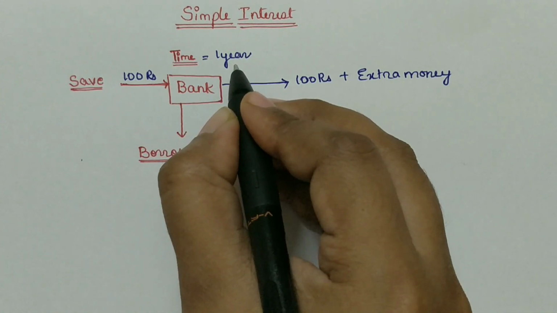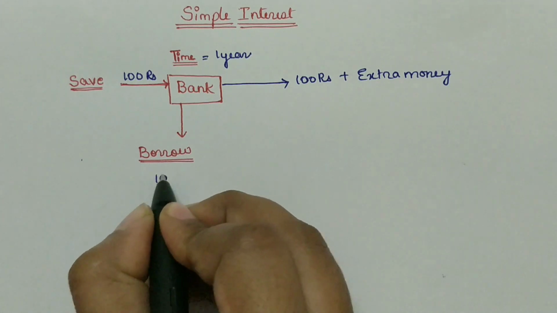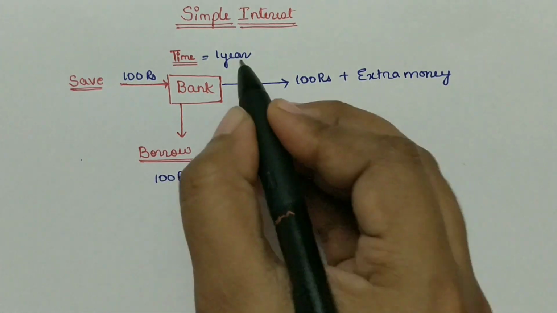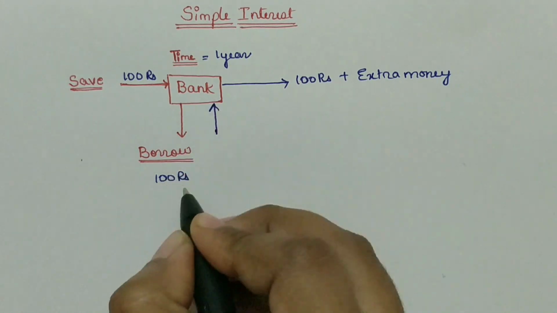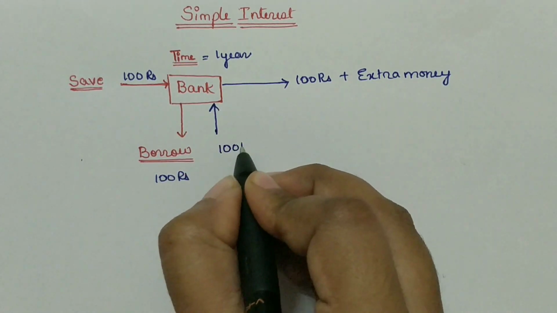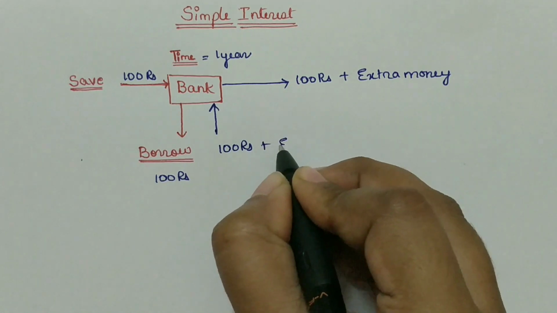In the same way, if we borrow 100 rupees for a period of 1 year, then at the end of 1 year, we have to pay 100 rupees plus extra money.